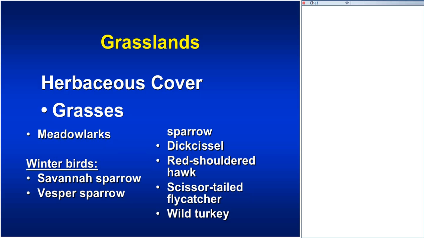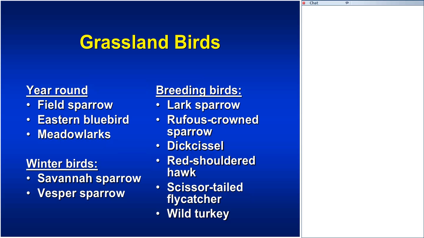Some of the grassland birds that we might be interested in managing for: meadowlarks, eastern or western meadowlarks, things like dickcissels, scissortails, wild turkey. One that I don't have on here is quail, so that would be another grassland bird that we might be interested in managing for.